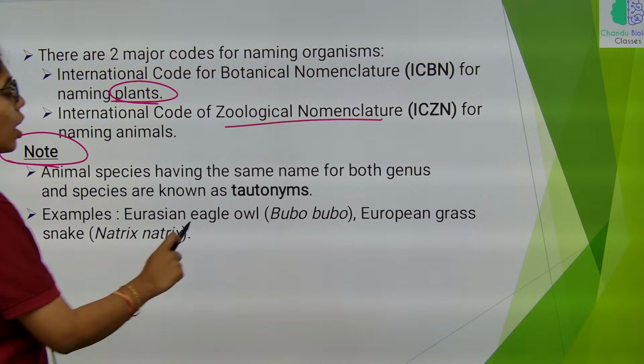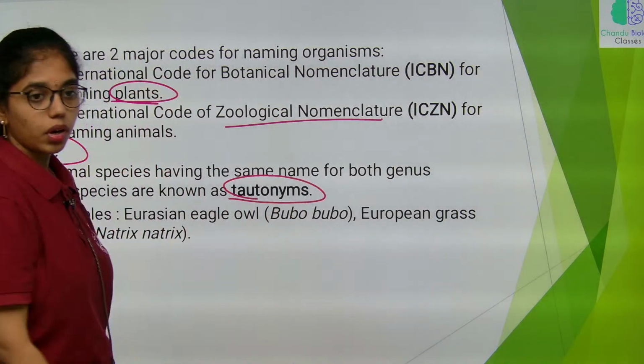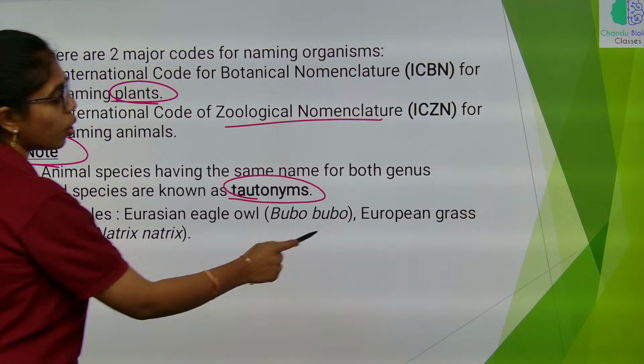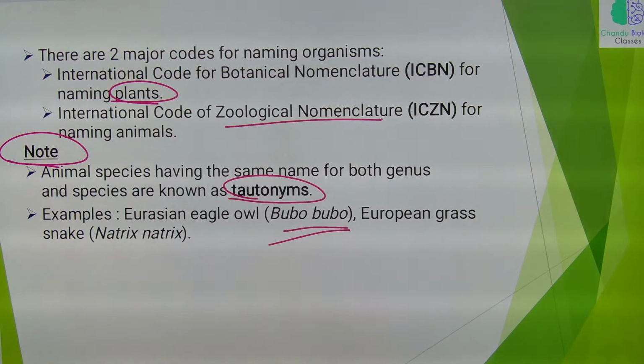Such names are called tautonyms. Okay, tautonyms, which are very important. For example, the Eurasian eagle owl is called Bubo bubo. The European grass snake is called Natrix natrix, and the cobra is named Naja naja. These are a few examples.